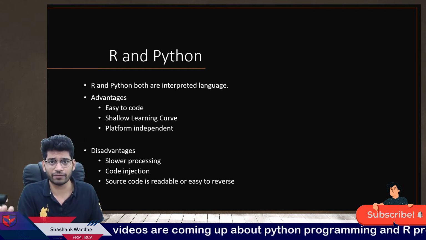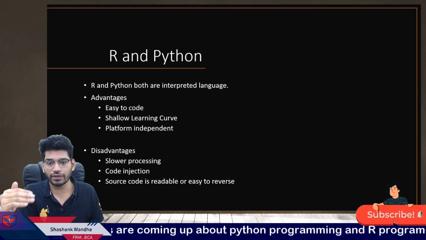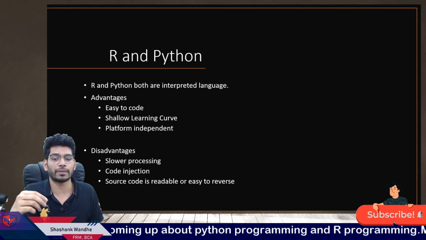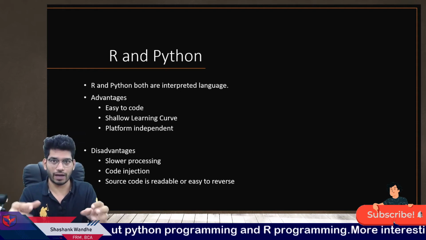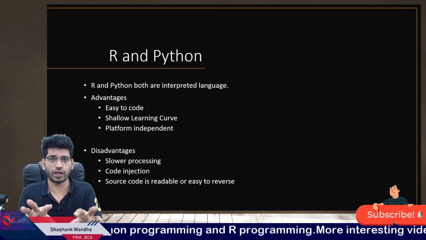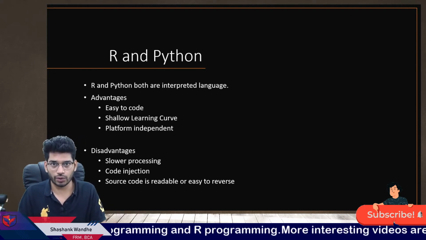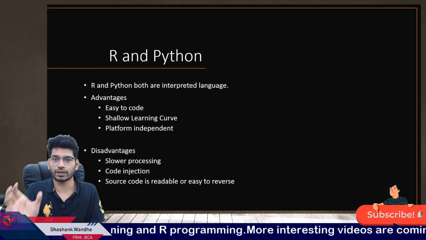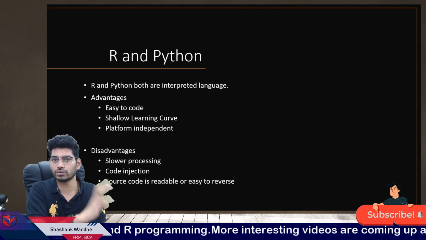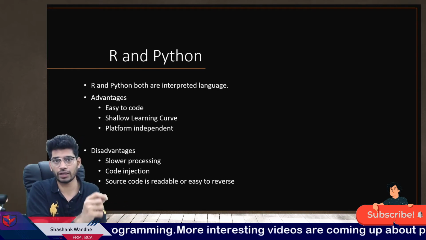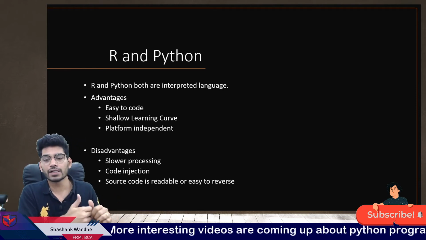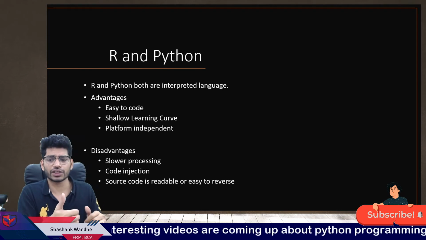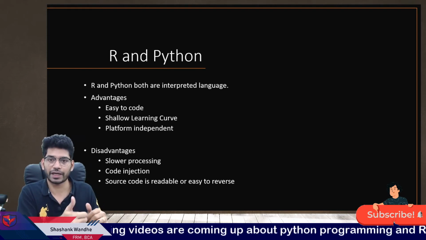These are heavily platform dependent. But interpreted languages are platform independent languages. Say you have a code file, you worked on Windows, you ran the code, you created an algorithm. Now if you copy that code directly to, say, Mac, it will get executed. It will perform properly. So that's the advantage of interpreted languages.